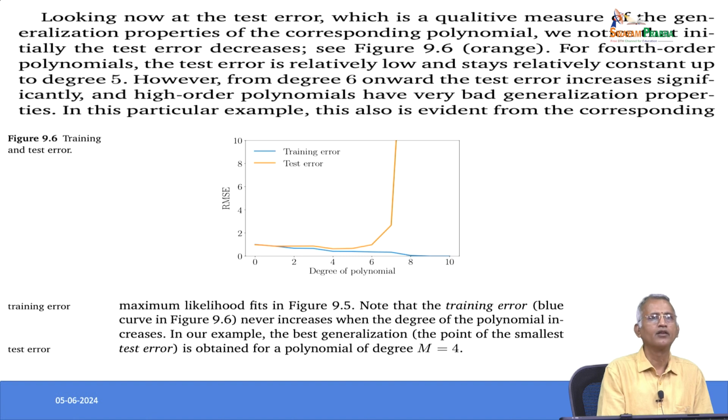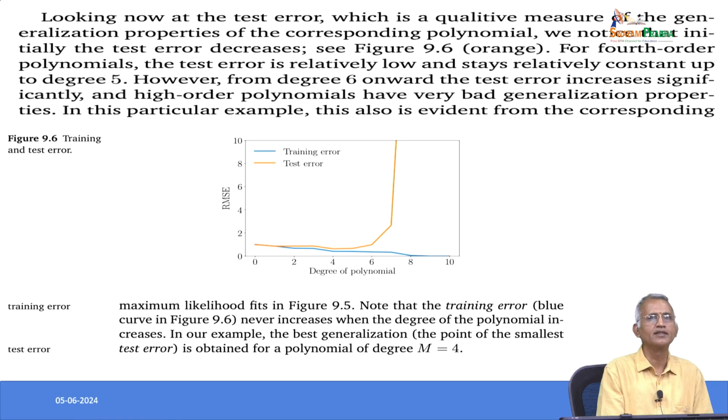For the fourth order polynomial, the test error is relatively low and stays relatively constant up to degree 5. The blue curve shows that the training error never increases when the degree of the polynomial increases. So, the best generalization is obtained with the polynomial of degree 4.